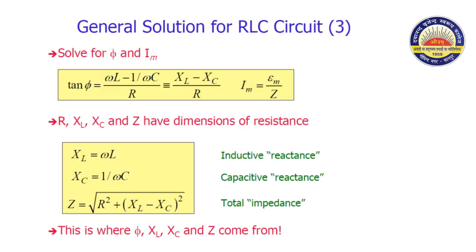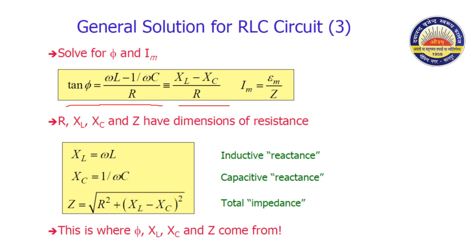Now solving those equations for phi and Im will give that tan phi is equal to omega L minus 1 upon omega C divided by R, which can be written as XL minus XC by R, where XL and XC are the inductive reactance and capacitive reactance, and R is the resistance of the resistor.